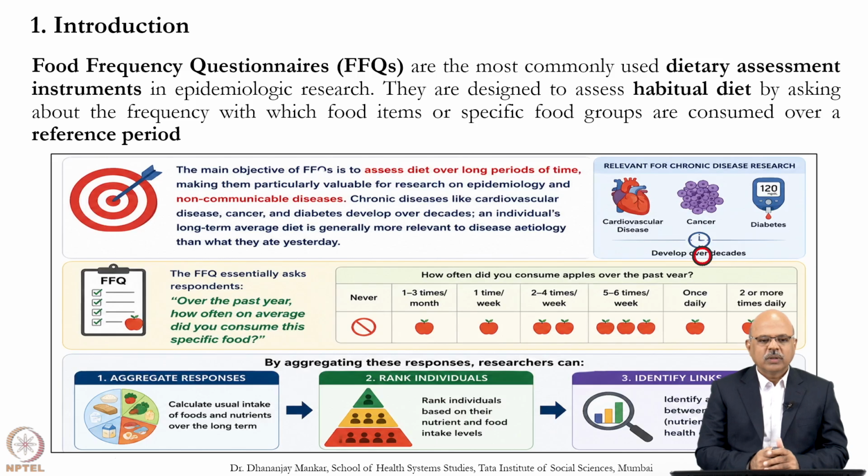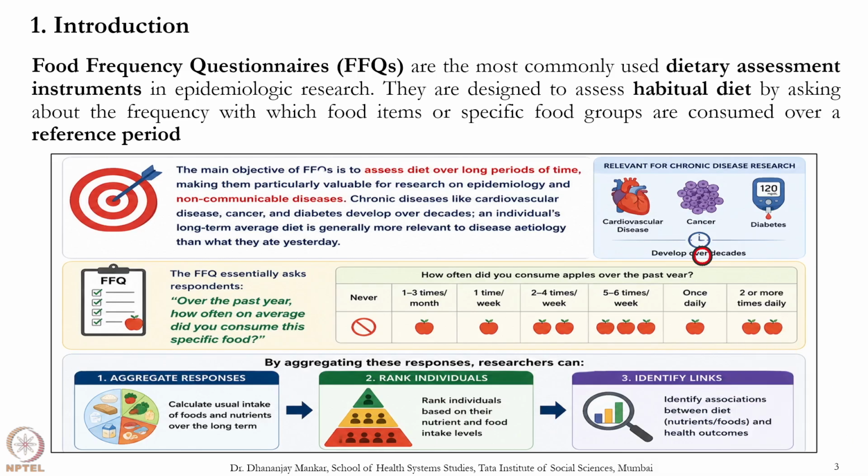In FFQs, they essentially ask respondents, over the past year, how often on average did you consume this specific food? For example, how often did you consume apple over the past year? As you all know, an apple a day keeps the doctor away. This is something taken as an assumption.